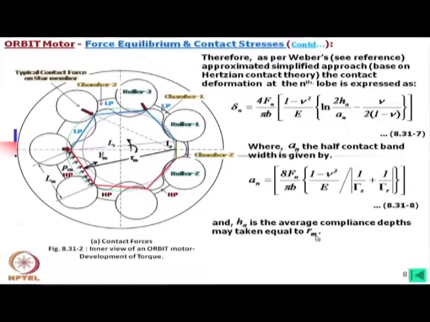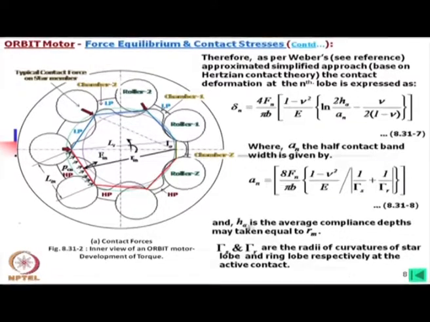In this case, we have considered this depth is up to the center of the roller, so this is equal to RM maximum, but this is arbitrary. However, if we consider this is half of that or double of that, you will find the overall contribution will be negligibly small. So, it is reasonably good to assume HA is equal to RM, and in all calculations we consider this equal to RM.